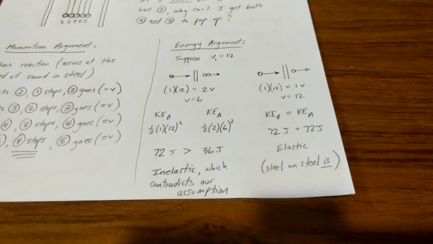The kinetic energy before and after in this system, with a mass of 1 going 12 before and a mass of 2 going 6 after, looks like this. 1/2 mv squared before and after leads us to 72 joules versus 36 joules.